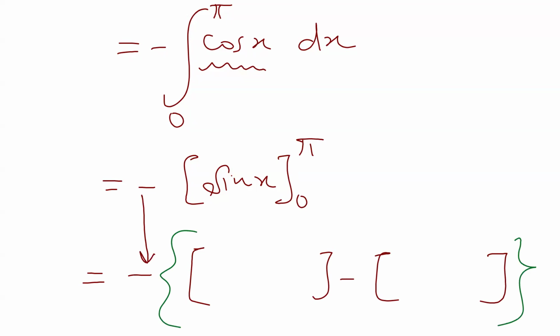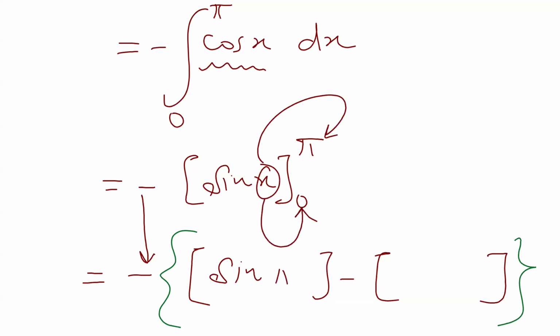Usage of brackets is very important, otherwise silly mistakes will occur in this chapter. So sine, replace x with the upper limit and then replace x with the lower limit. Sine pi minus sine 0. Sine 0 is 0 and sine 180 is also 0, and hence the final answer is 0. Pi is 180. If you don't know the value of sine 180, you always have a calculator.